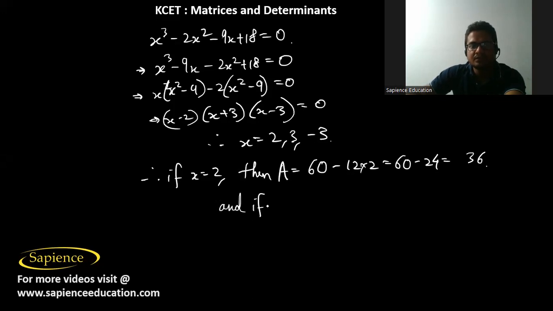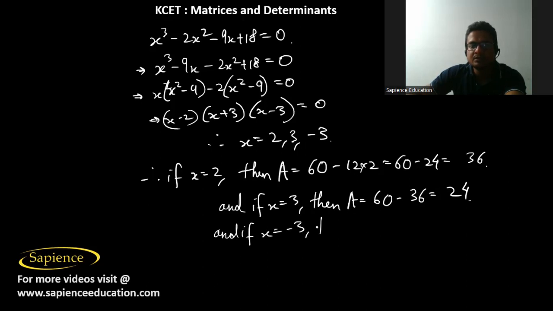If x equal to 3, then A will be equal to 60 minus 36, that is 24. And if x is equal to minus 3, then A will be equal to 60 minus 12x, so 12 threes are 36, so plus 36, that is 96.